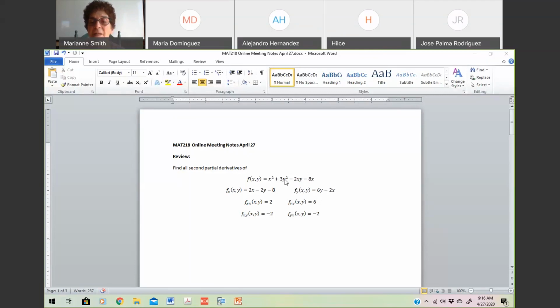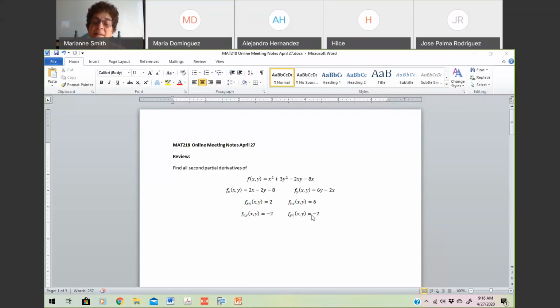It doesn't give me anything in the derivative. I differentiate 3y squared normally to get 6y. And then in this term, the negative 2x is a constant, and the y is the variable I'm differentiating. So y to the first becomes y to the 0 or 1. And I just keep the constant that's the coefficient, negative 2x.